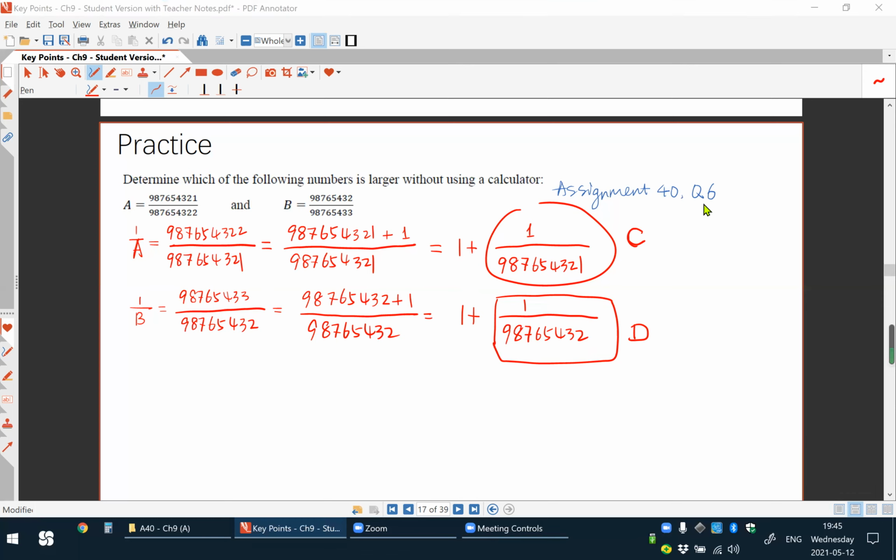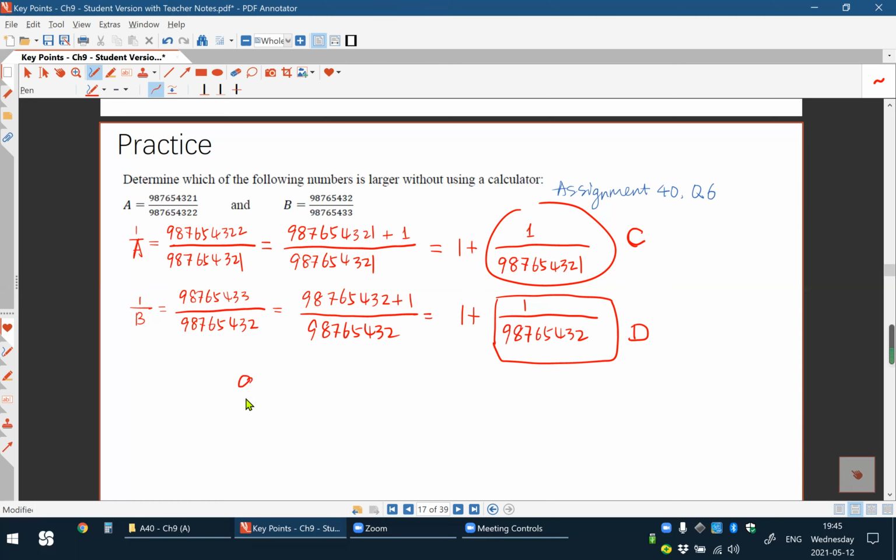Okay, Emily says D. How about Dora? Why? Why is C larger? Okay, so can you tell me which of the two numbers is larger?